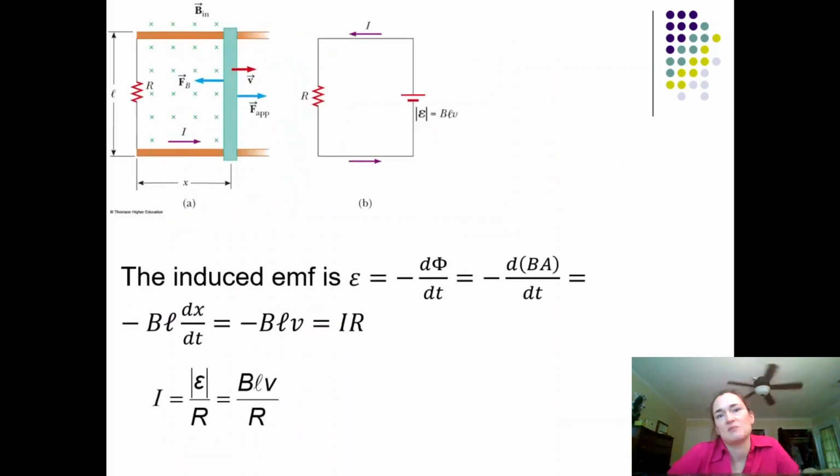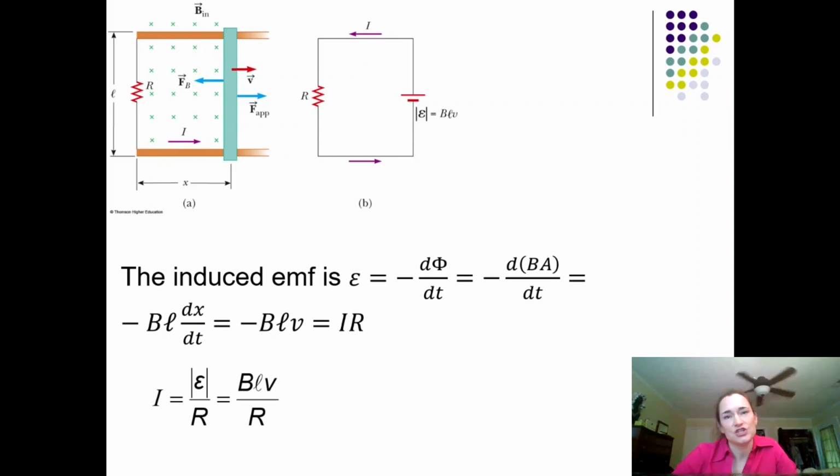Okay, so we have an induced EMF. According to Faraday's equation, the EMF is equal to negative d phi dt, where phi is the magnetic flux. If you plug in for that magnetic flux, the cosine of the angle between the area vector and the magnetic field gives you a factor of 1. So the magnitude of your dot product would just be B times A. B is a constant, an externally supplied magnetic field that doesn't change.